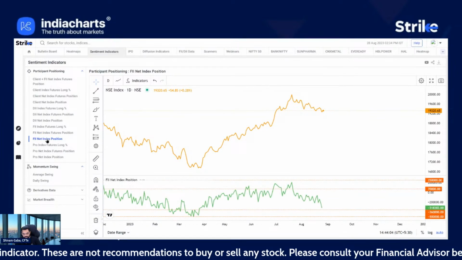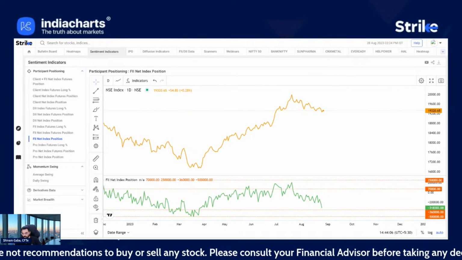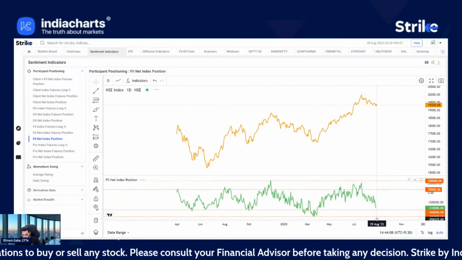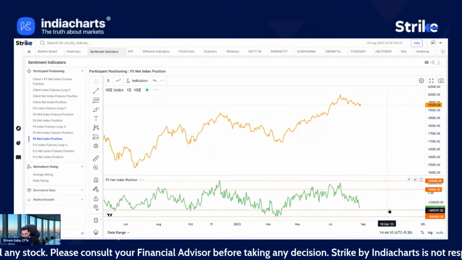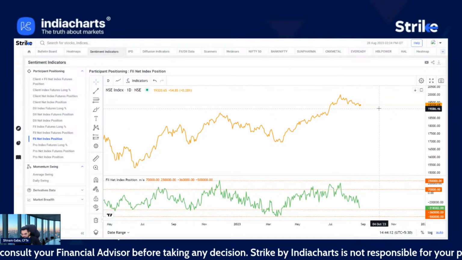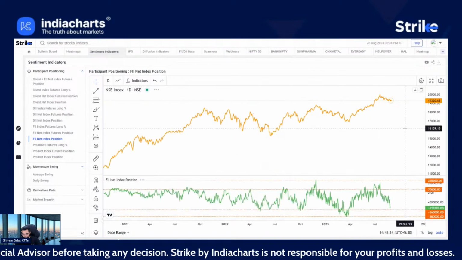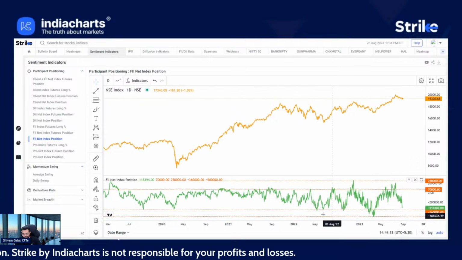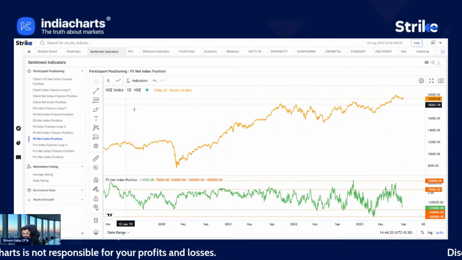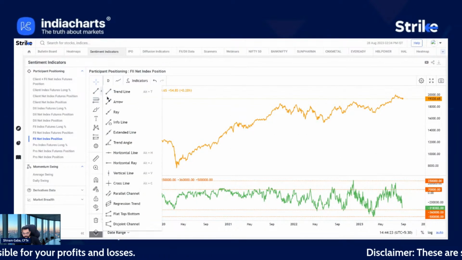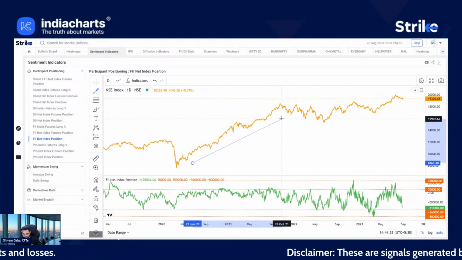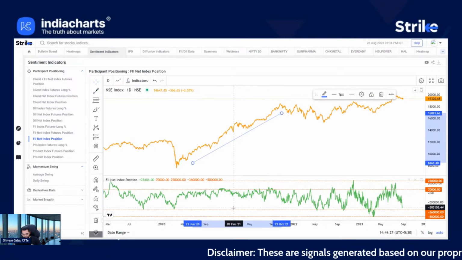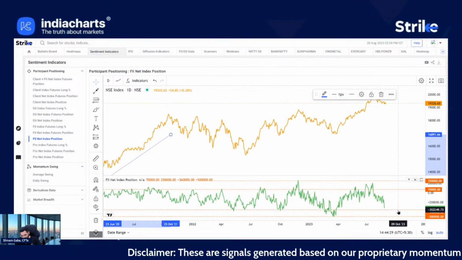And if we look at the overall position, that is including options, then we are almost at the lower end of the data, that is more than 3 lakh contracts short if we look at futures and options combined. Which is pretty low if we look at the ranges that we have seen in this period, which is the post-COVID rise. In this whole period, we haven't seen such low readings as we are at right now.